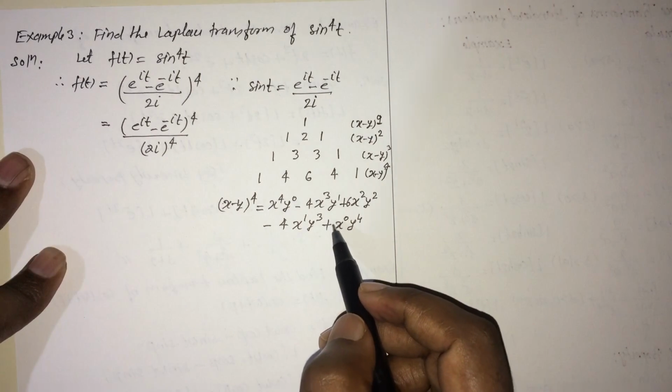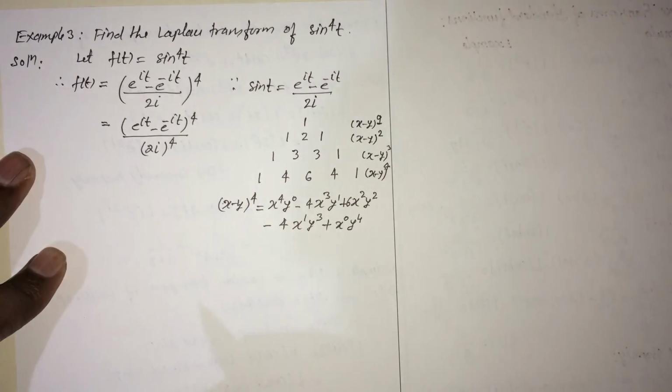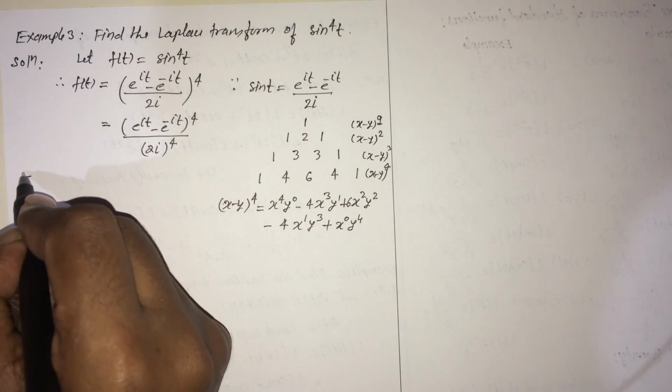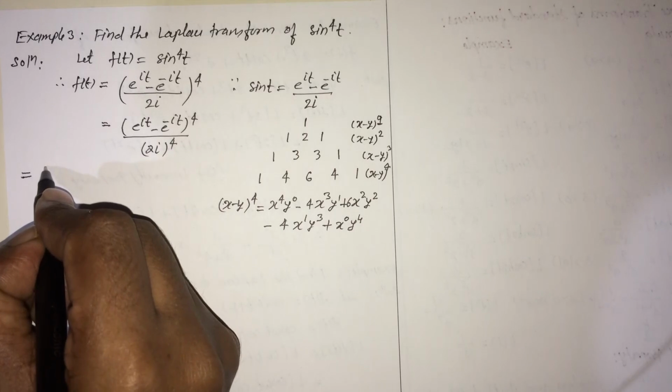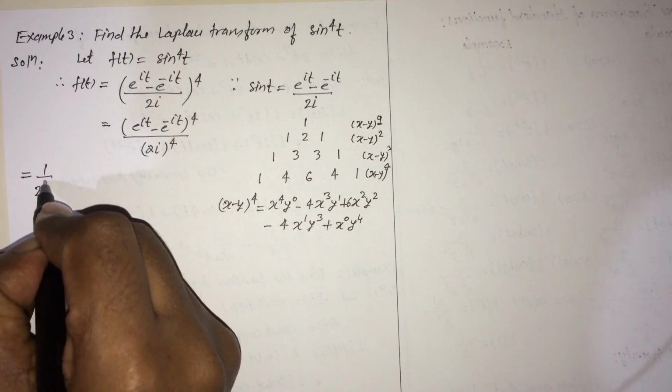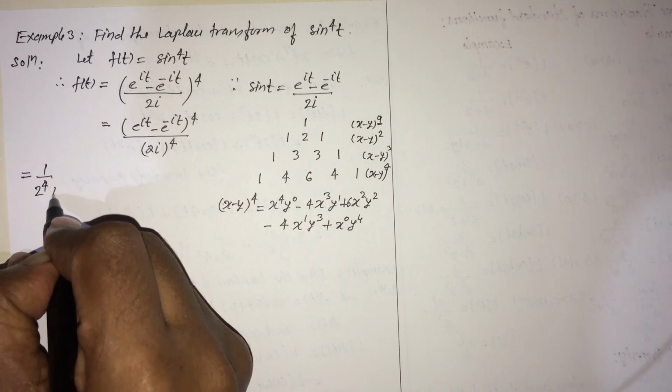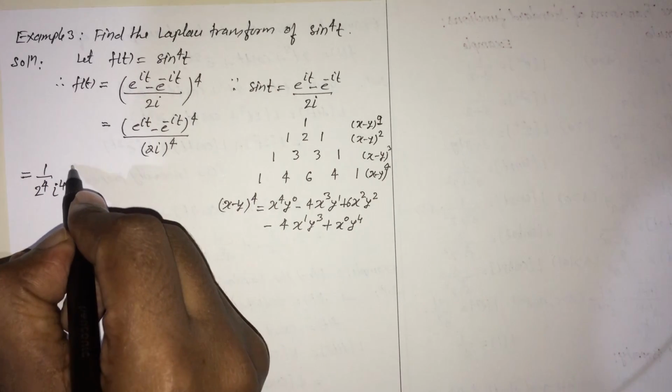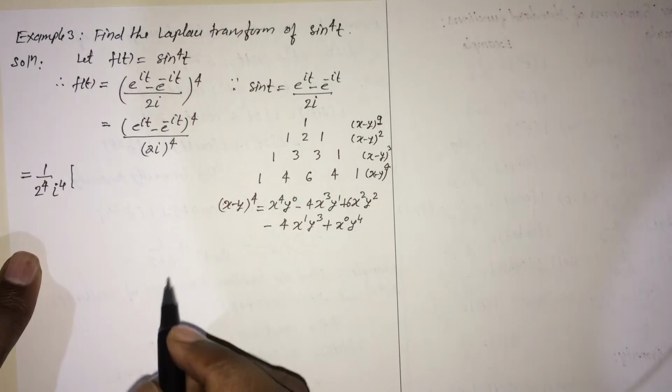Now apply this binomial expansion over here. So this can be written as 1 upon 2^4 times (i)^4 in bracket. Apply this formula.